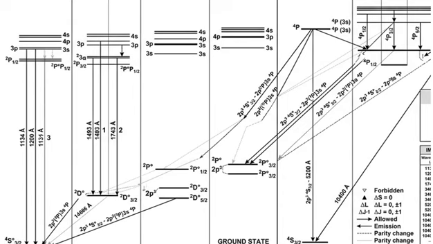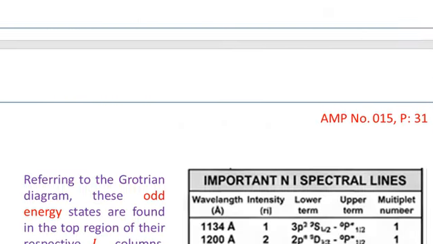And if you follow the quartet terms, a similar pattern is given. The 4s term has the highest energy, and then the 4p terms, and then the 4d terms, and then the 4f terms. So the energy is highest in the first column, then in the second column, then in the third column, and so on.